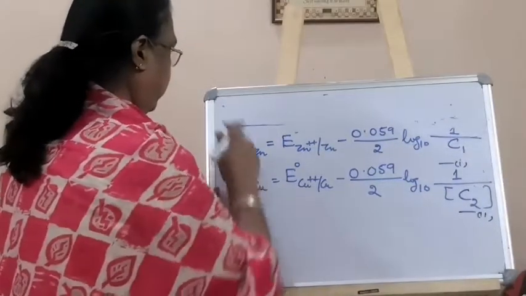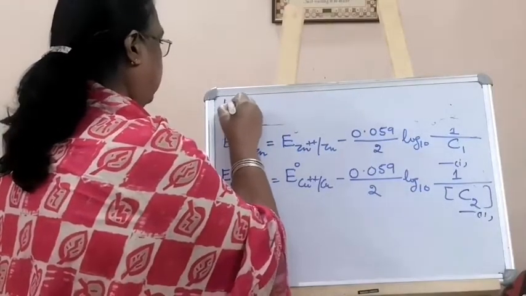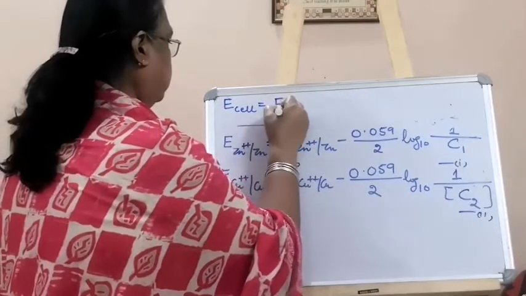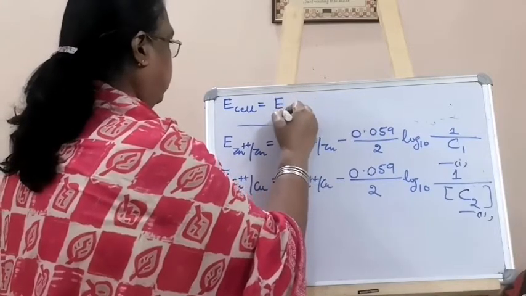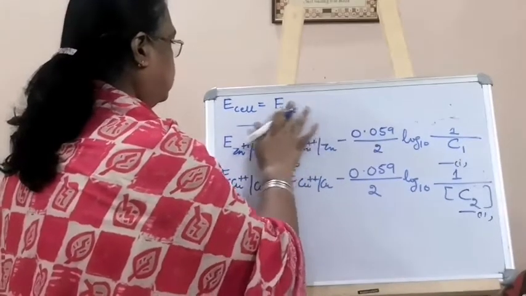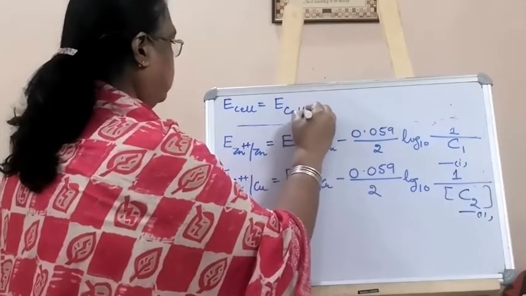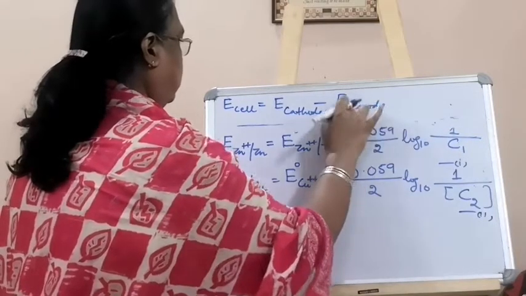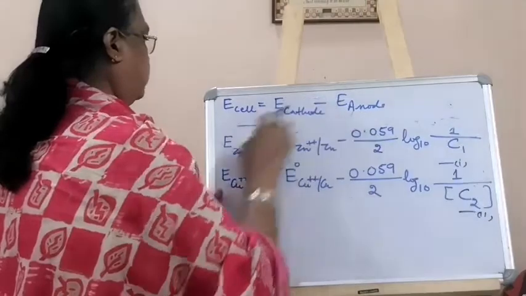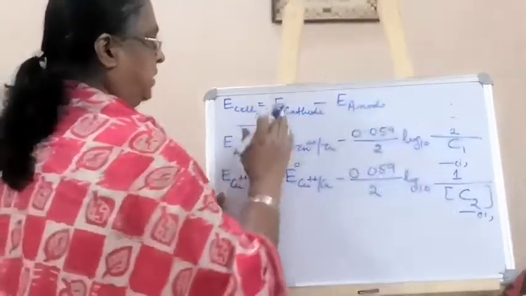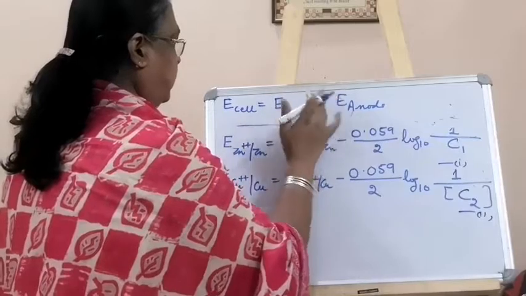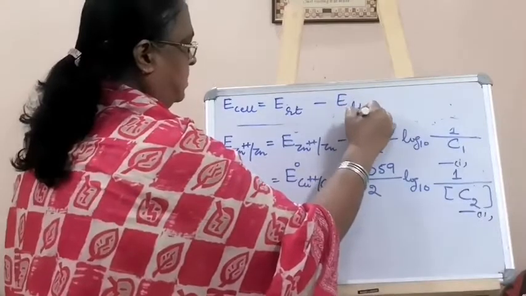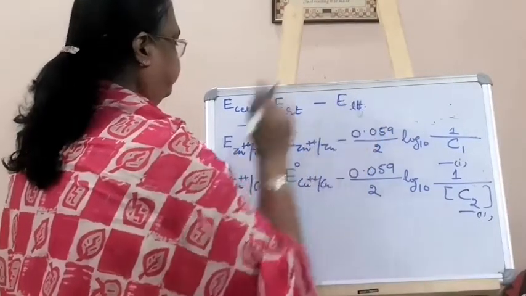You know that E cell is equal to E cathode minus E anode. When this is not standard, these will also not be standard. So cathode is on the right hand side, so write it as E right. Anode is on the left hand side, so write it as E left.